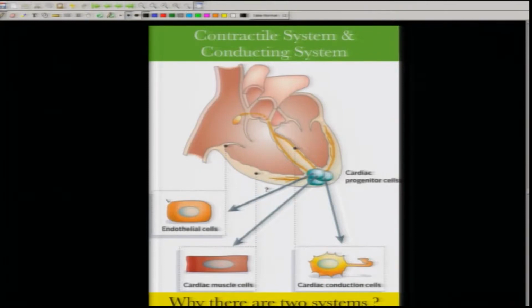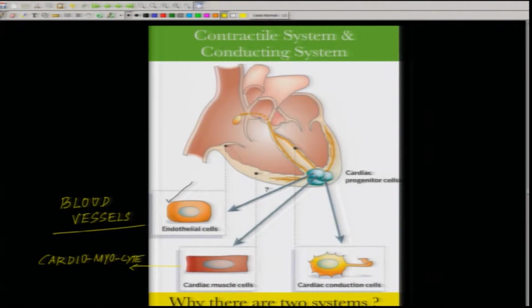You have the endothelial cells which form your blood vessels. You have cardiac muscle cells, cardiomyocytes, which are essentially the ones shooting action potentials with a huge plateau.